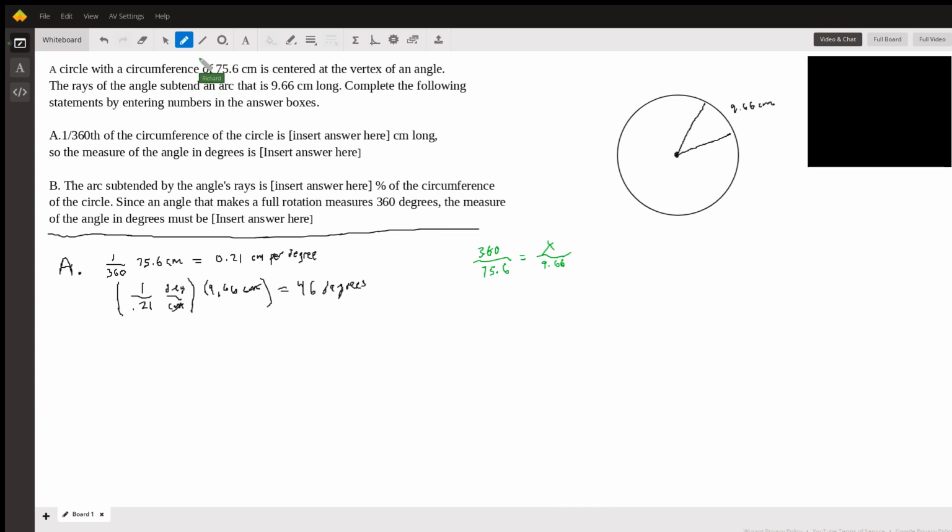Okay, and then part B. The arc is what percent of the circumference, so it's just going to be 9.66 over 75.6.